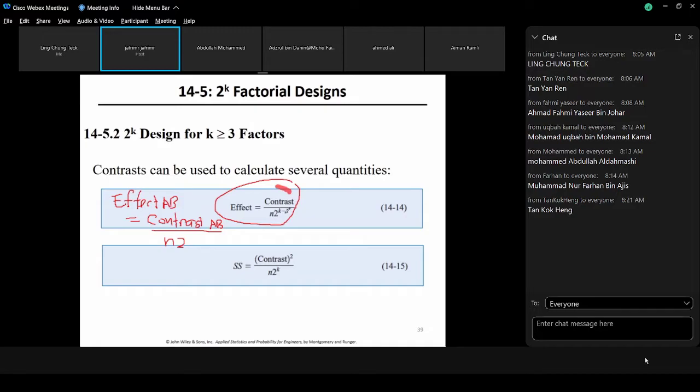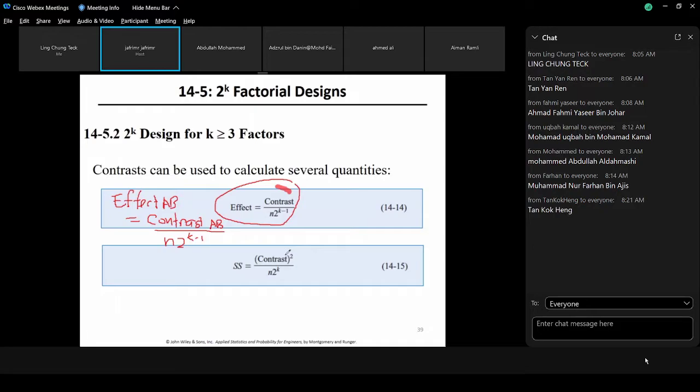If k equals 2, for example, 2 factors, that means k minus 1. That's why you know contrast, so that you can calculate the effect of A, effect of B, effect of AB by using this formula.